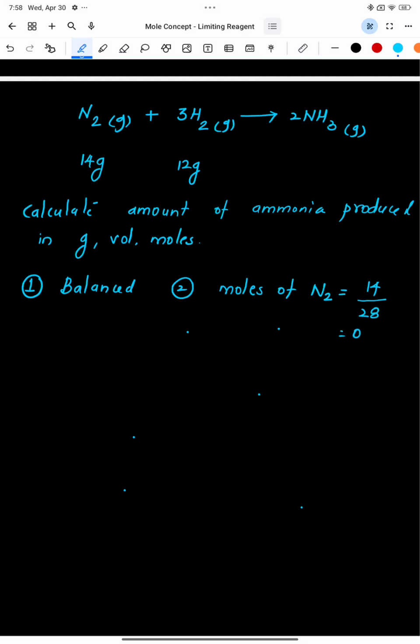So we get that as 0.5, and the moles of hydrogen, we have 12 grams of hydrogen over the molar mass, which is 2, so that will be 6.